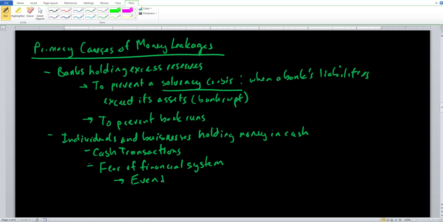So even though we have FDIC protection, and FDIC protection, Federal Deposit Insurance Corporation protection, just tells us that the federal government actually insures all deposits in banks of up to $250,000.